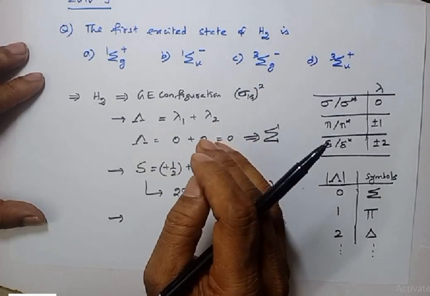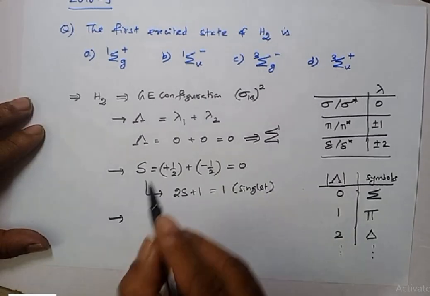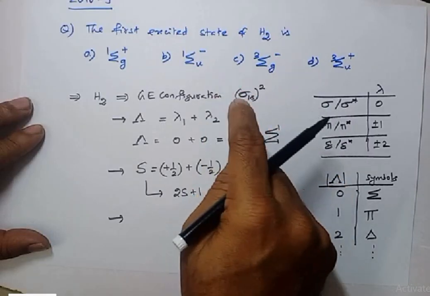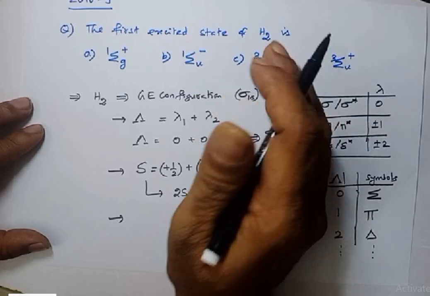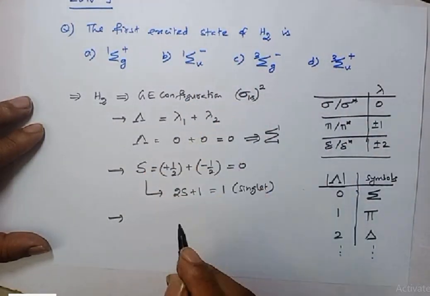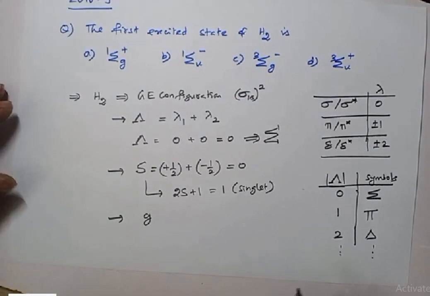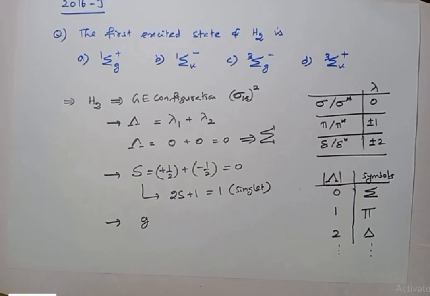For the sigma bonding orbital, if you carry out inversion, it remains symmetric. Inversion symmetric means gerade. So it has gerade symmetry. Inversion antisymmetric means it is ungerade.